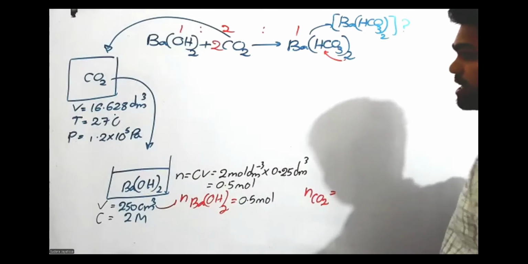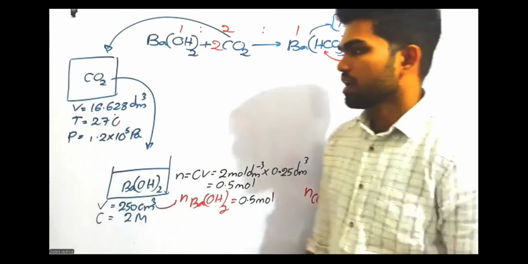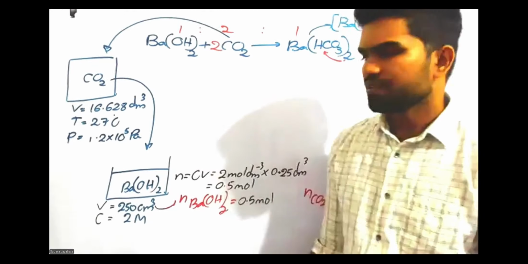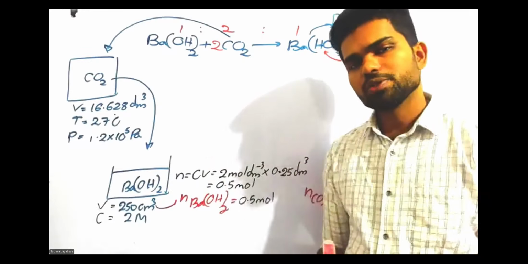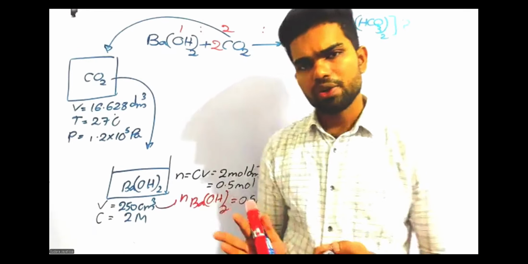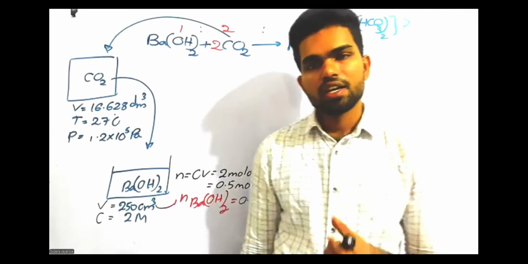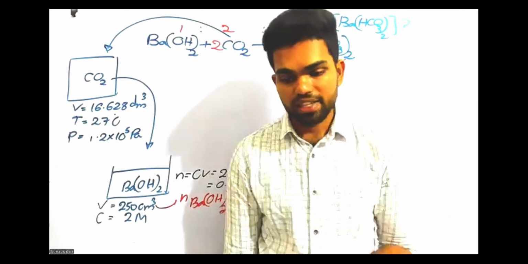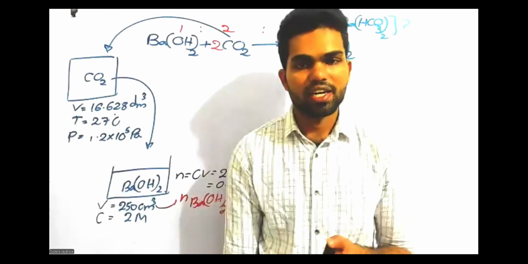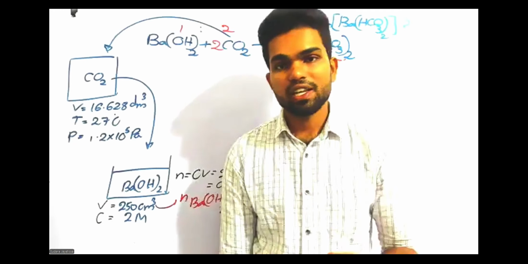Then let's find the carbon dioxide moles. For carbon dioxide moles, they have given these data: volume, temperature, and pressure. So do you remember what is the formula we have to use for that? We have to use the formula that we learn in the gaseous lesson, which is our next month lesson. But anyway, we know that formula already. We call it PV equals nRT.